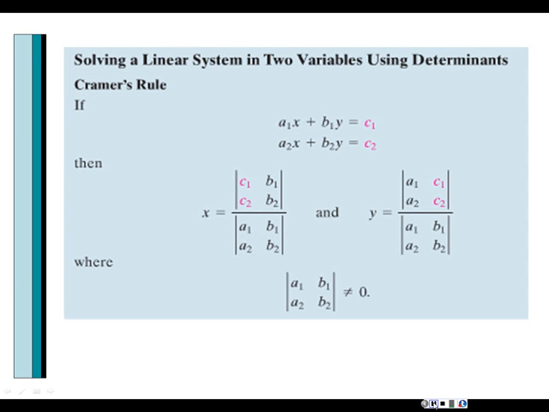So that's 2, 1, negative 3, 2. Okay. The numerator is different. For x, that's negative 11, 12 for the first column, and the second column is negative 3, 2. And for y, the first column is 2, 1, and the second column is negative 11, 12.